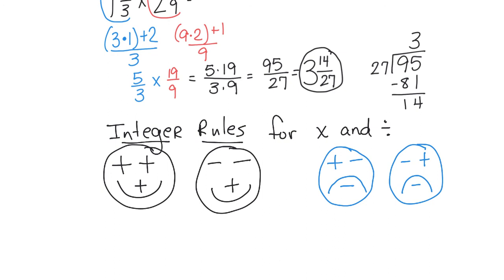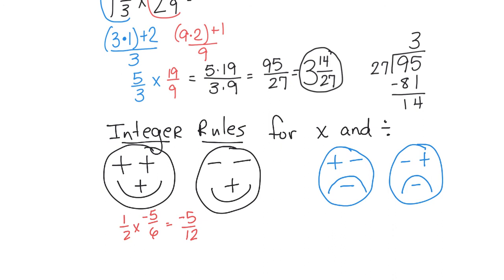So to look at some examples on these, if I were to give a student 1/2 times negative 5/6, 1/2 is positive, 5/6 is negative. So that means I'm unhappy because the signs are different. So my answer is going to be negative 5/12.